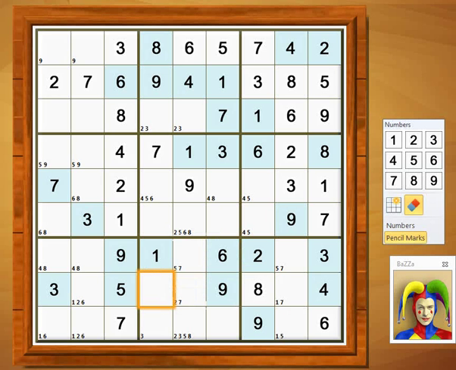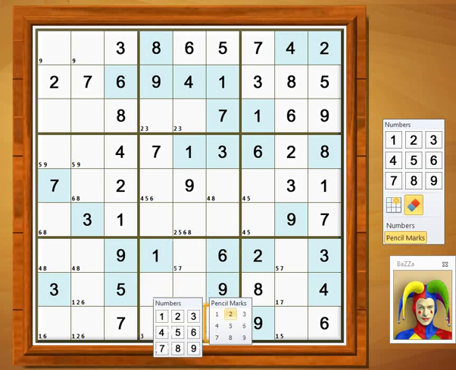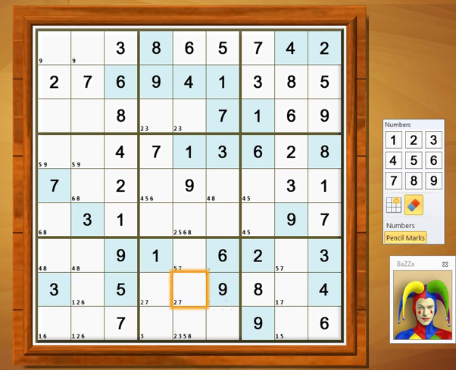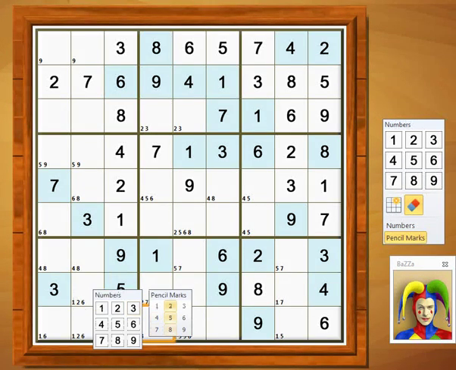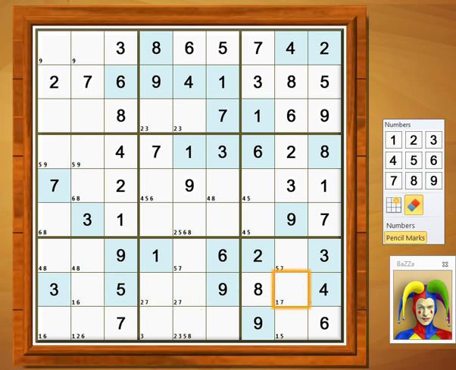There's already a 6. So that only leaves the 2 and the 7 left. So I've got 2 and 7, which takes out the other 2s and 7s in there.